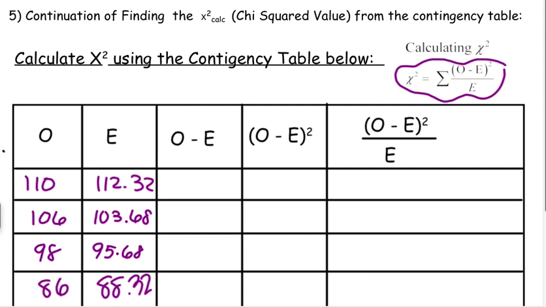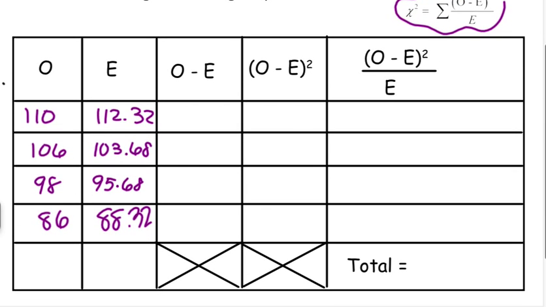Okay, so now we've set up our contingency table to find our chi-squared value. So you take 110 minus 112.32, negative 2.32. We will square that number, and then we will divide that number by E. All right, and then 106 minus 103.68, 2.32.